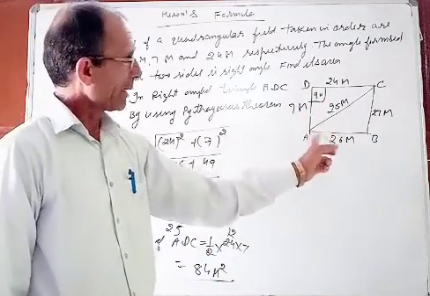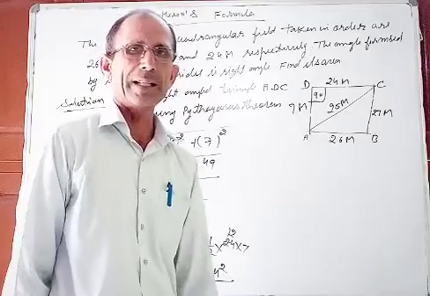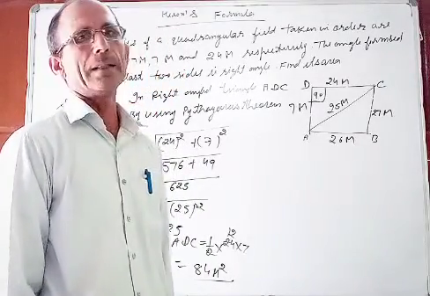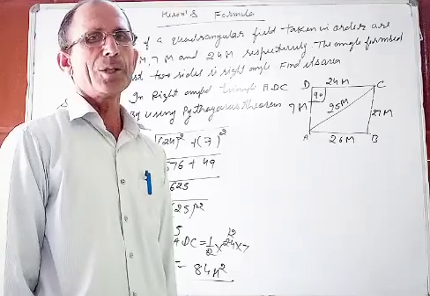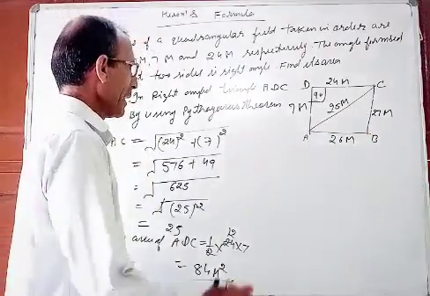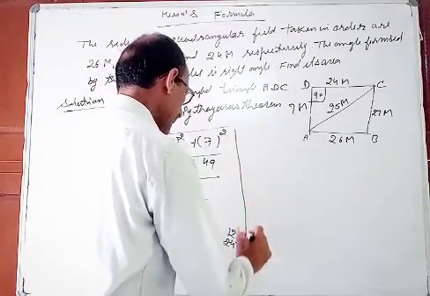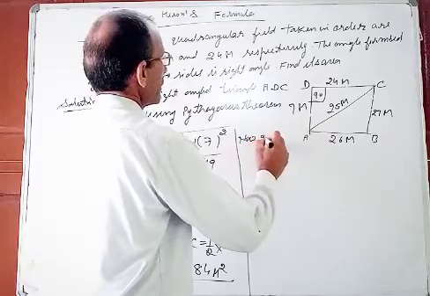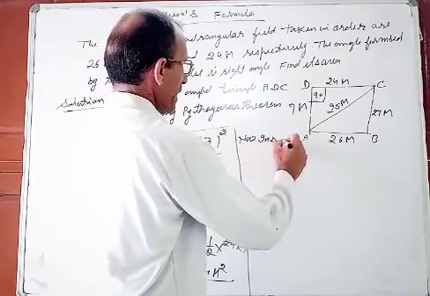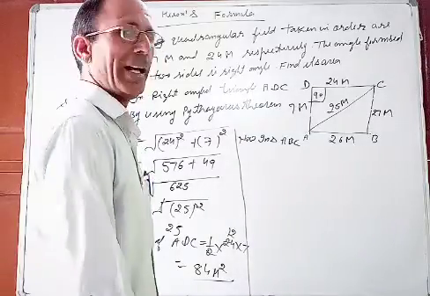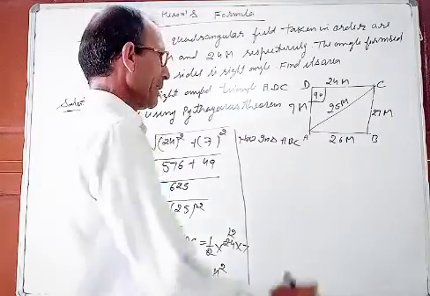Now in triangle ABC we have all the sides. Because the triangle is scalene, by using Heron's formula we will find the area of this triangle. Now triangle ABC, find S. S stands for half perimeter.